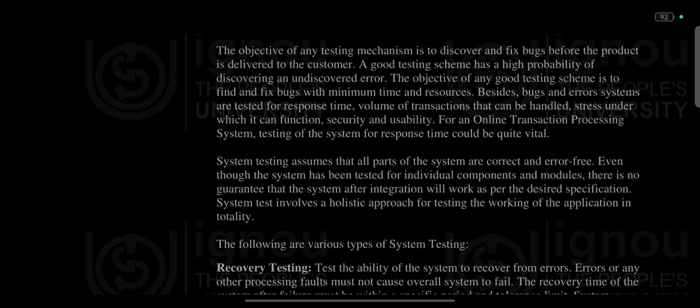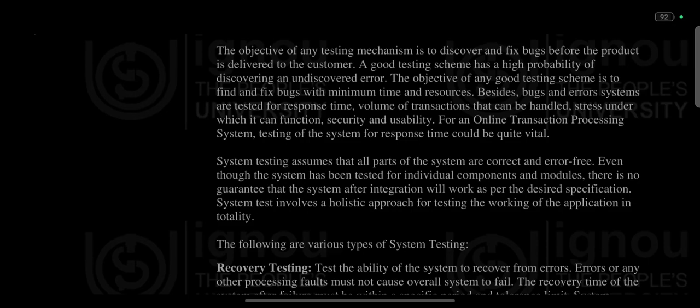Besides bugs and errors, systems are tested for response time, volume of transactions that can be handled, stress under which it can function, security and usability. For an online transaction processing system, testing of the system for response time could be quite vital.